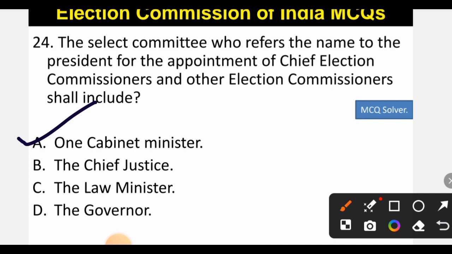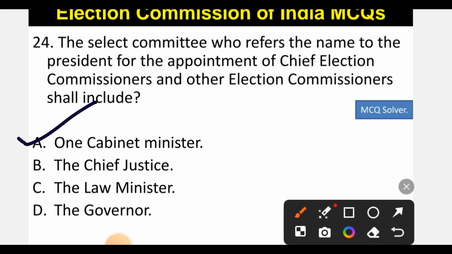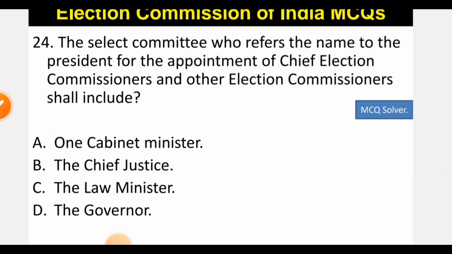In that committee there will be the Prime Minister of India, the leader of the opposition and one cabinet minister selected by the Prime Minister of India. So the correct option will be option A, that is one cabinet minister.